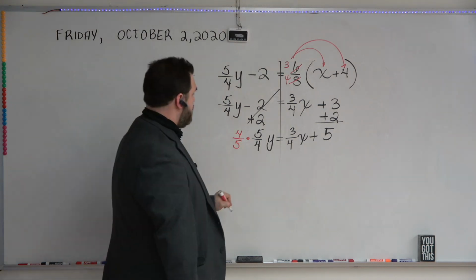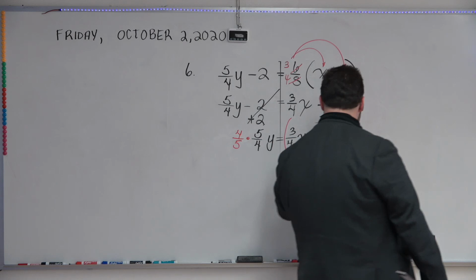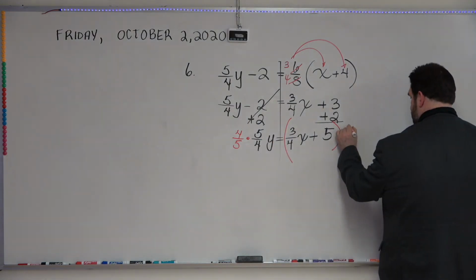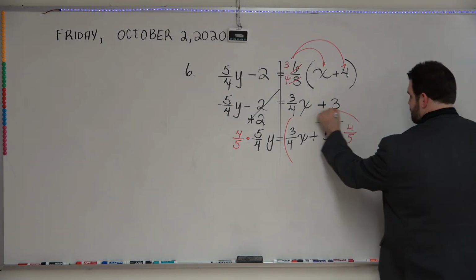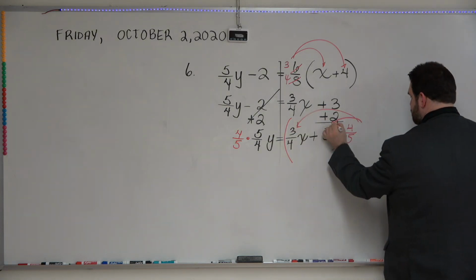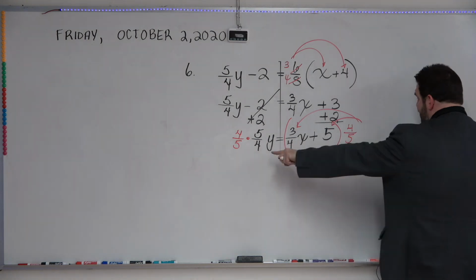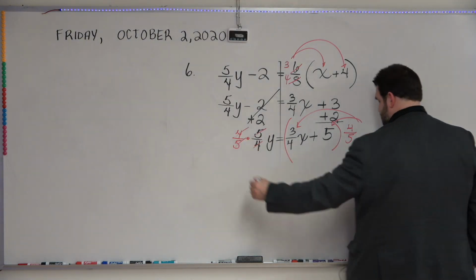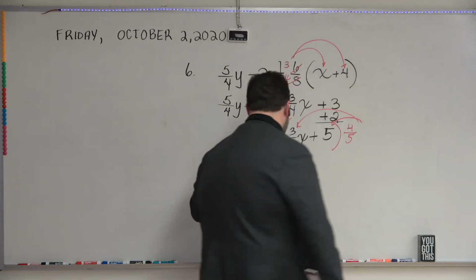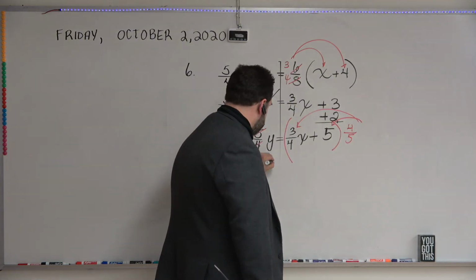Now I have to do this distribution over here. On the left, look what I get to cancel, the 4s and the 5s. Got the y by itself. That's the goal. We did it.